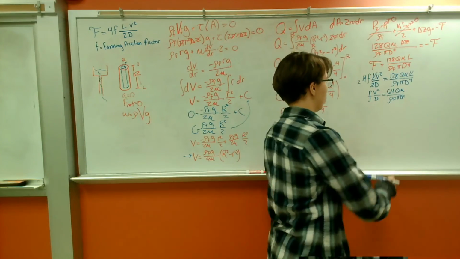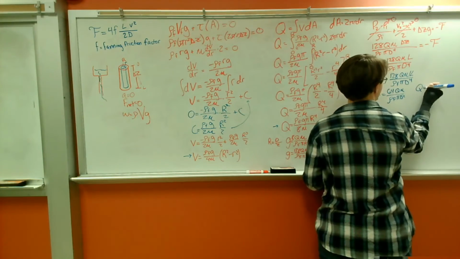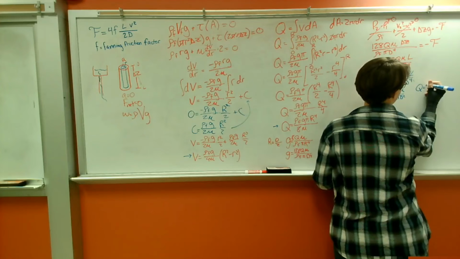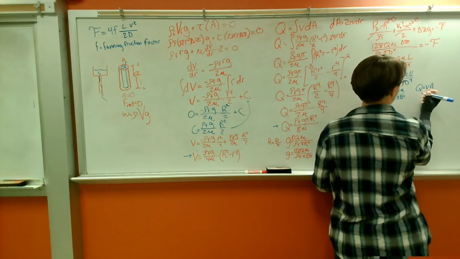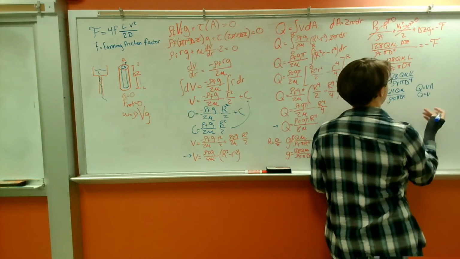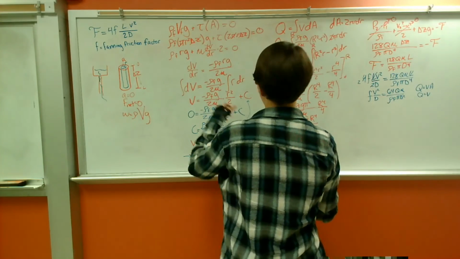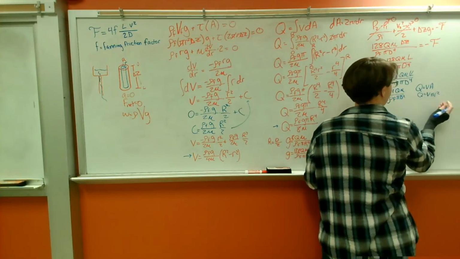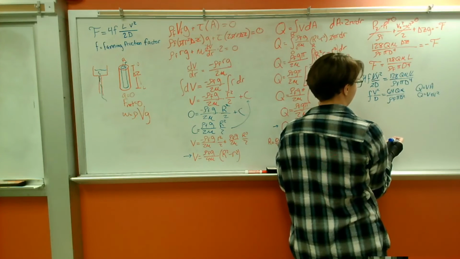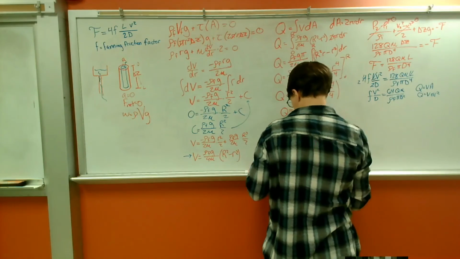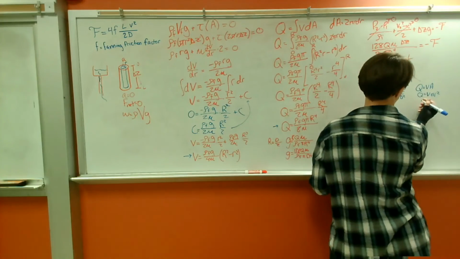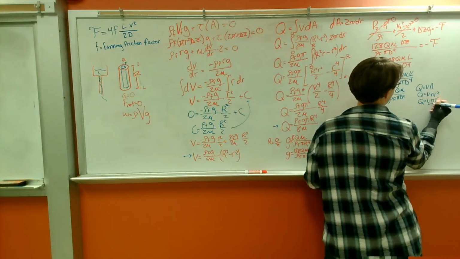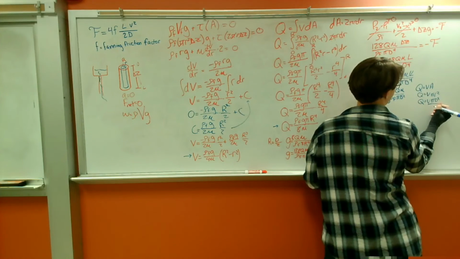And then we can substitute in for q. We know that q is equal to velocity times area, and we know that our area would be the cross-sectional area, so pi r squared. So then we can plug that in over here. But we don't want r, we want this in terms of d, so q is equal to v times pi d squared over 4.